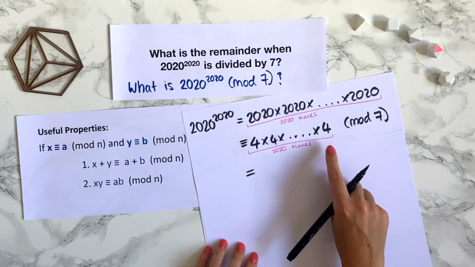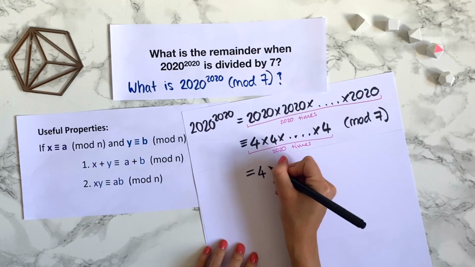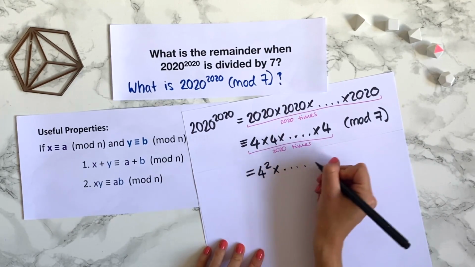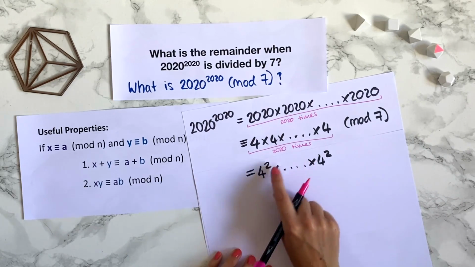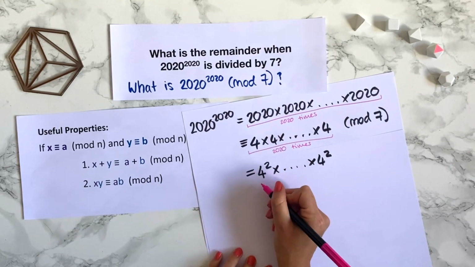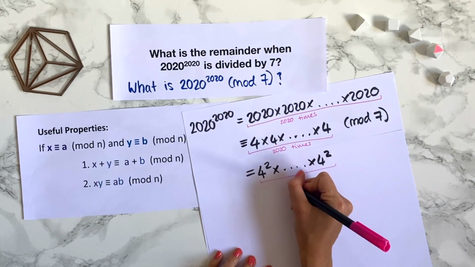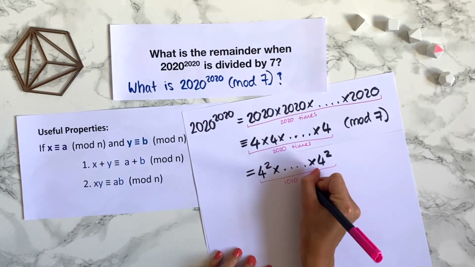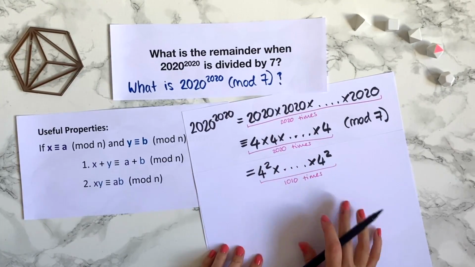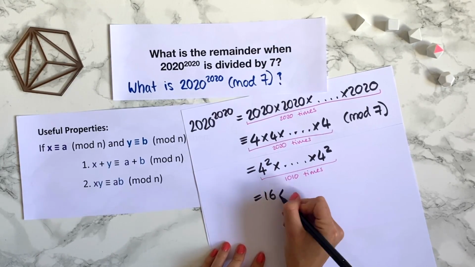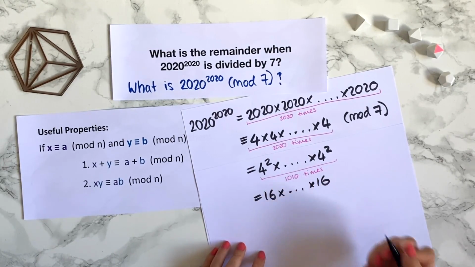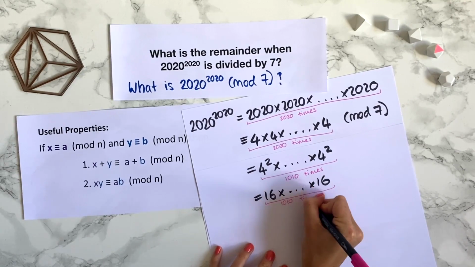We can consider this is the same as 4 squared times by itself, and 4 squared is going to be times by itself half of this many times, so this is going to be 1010 times. 4 squared is 16, so this is the same as saying 16 times by itself 1,010 times.